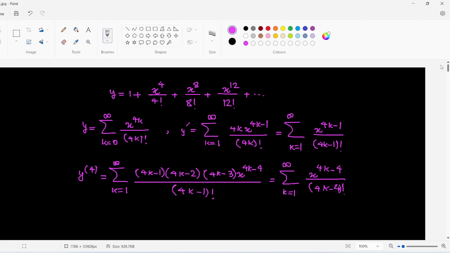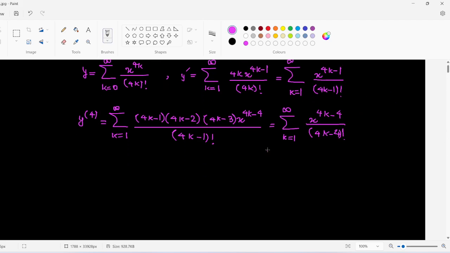And here we can do an index shift. So if we want k to start at 0 in the summand, we have to replace k by k plus 1. And this gives us the fourth derivative as the infinite series where k starts from 0 to infinity of x to the 4k divided by 4k factorial, which is the original function y.